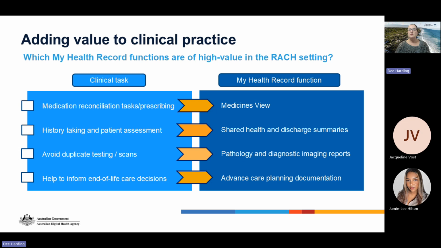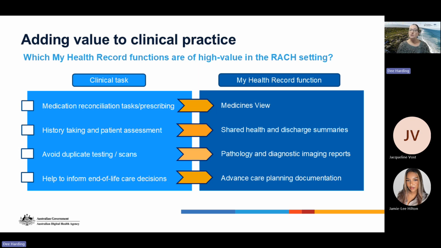On the left-hand side of the screen here, you can see a list of some of the clinical tasks that are commonly undertaken during any given day, things like medicine and medication reconciliation, taking resident history or conducting a resident assessment, requesting tests or scans, and discussing end-of-life decisions. Any of these scenarios potentially can lead to the need for medication being administered or medication to be noted or referred to.